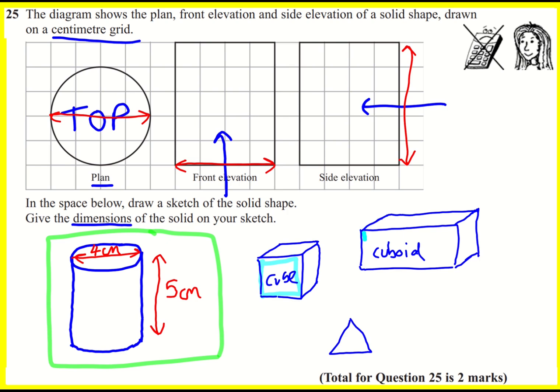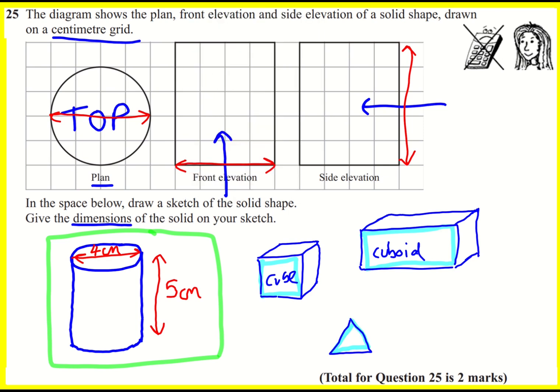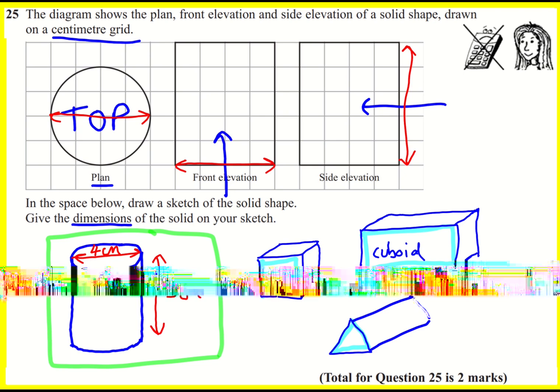Similar with a cuboid, the cross-sectional face is a rectangle, so start off with the rectangle, and same with a triangular prism. You start off with the triangle and then work backwards, so go back and then just join it up. So that is your triangular prism.